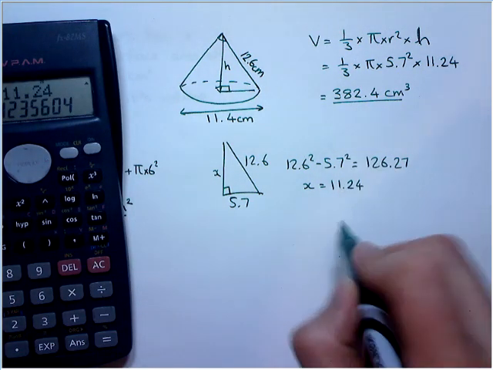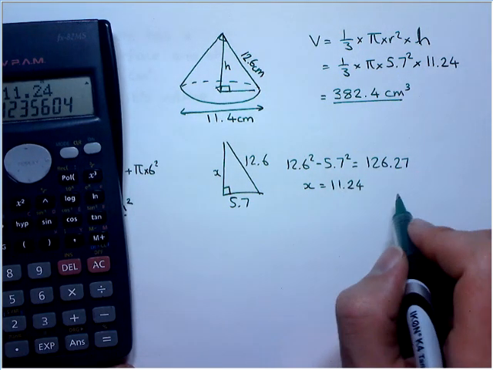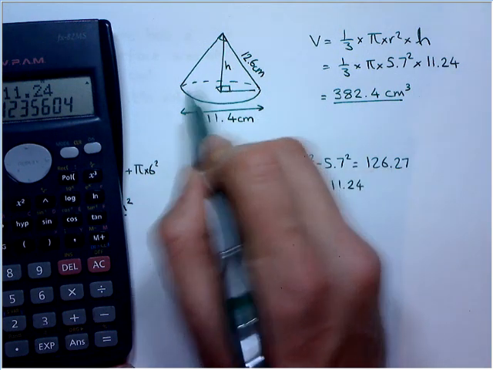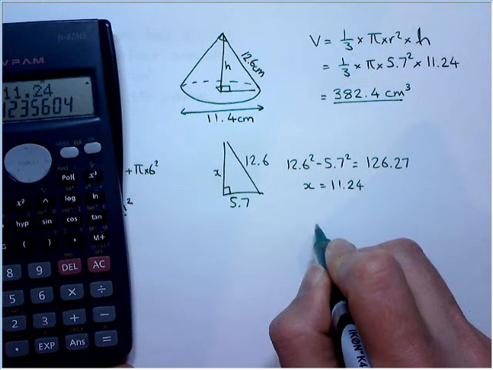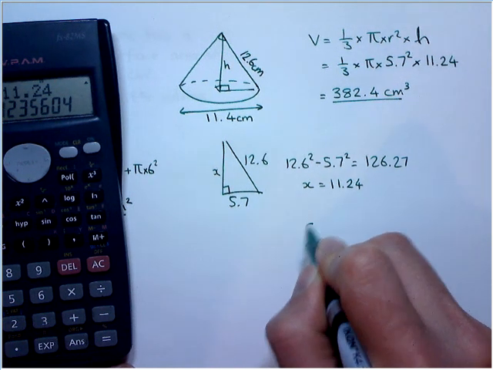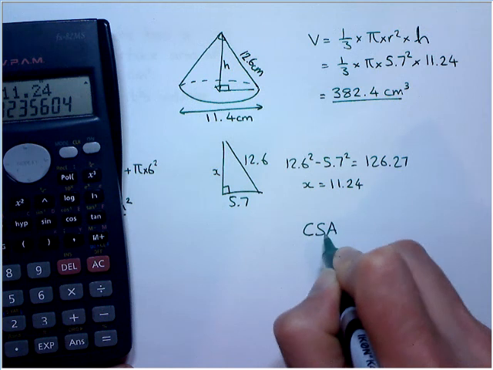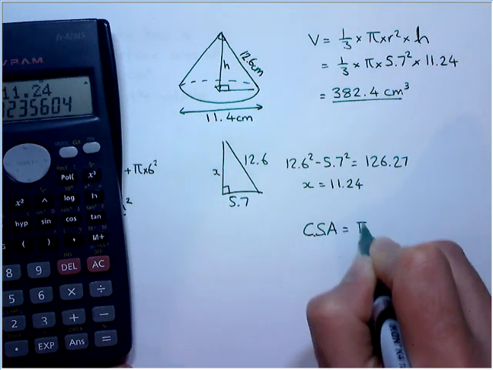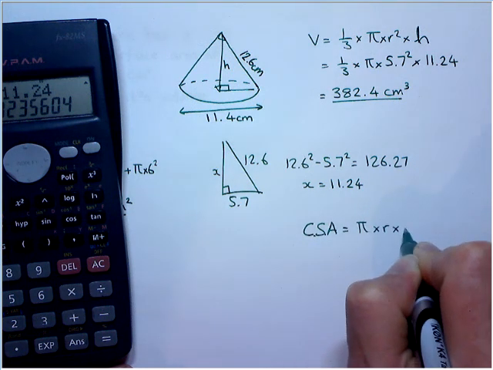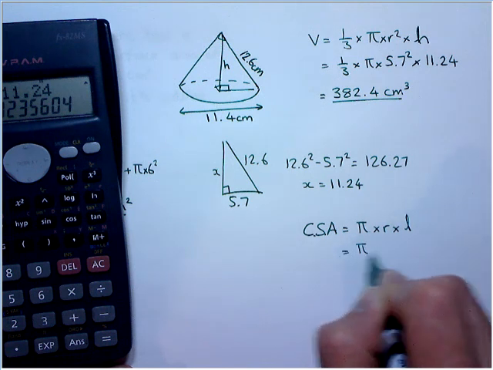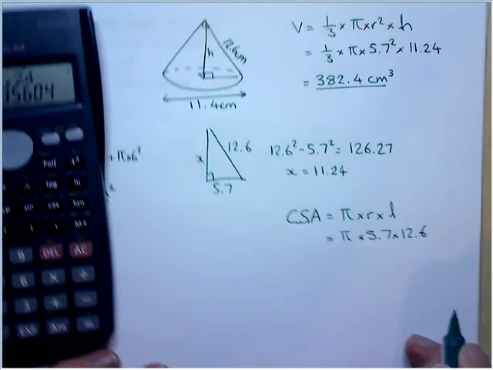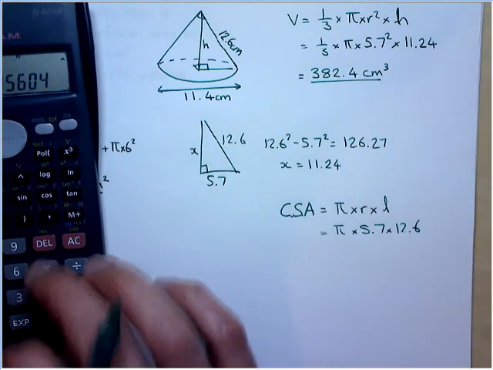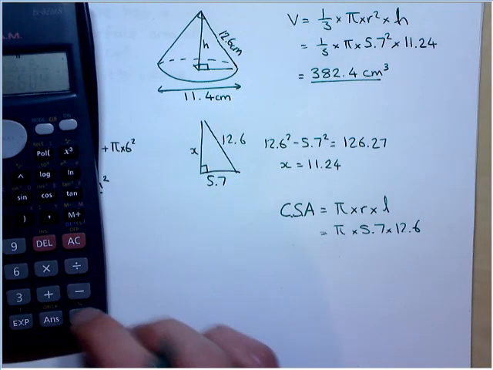Now the surface area of a cone, well, this is pi r squared, the bottom surface, but the curved surface area, I'll write it down here, so the curved surface area is pi times radius times the slanted length. So pi times 5.7 times 12.6.